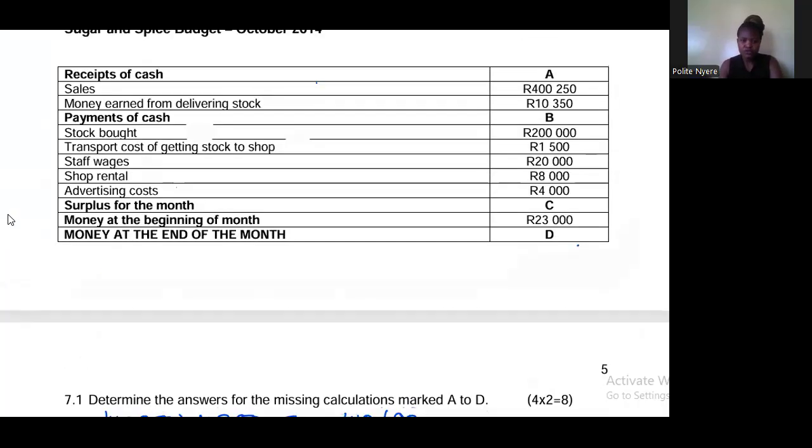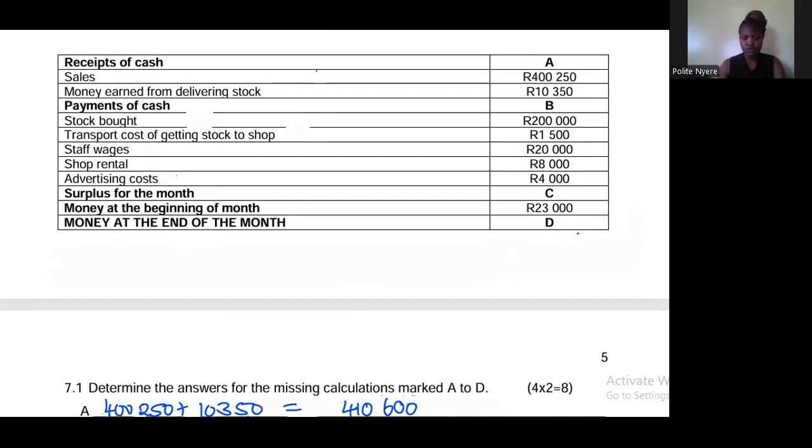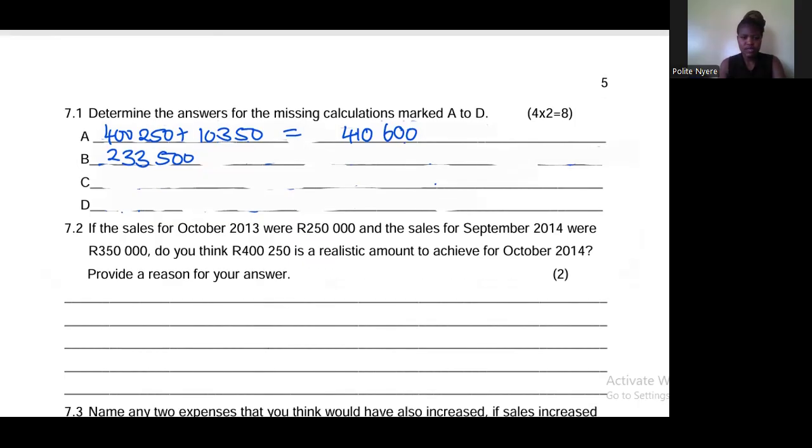So C, we want to find out the surplus for the month. How do you find out the surplus for the month? Surplus is total receipts minus total payments. So A was total receipts, B total payments. So we are just going to say 410,600 minus 233,500.